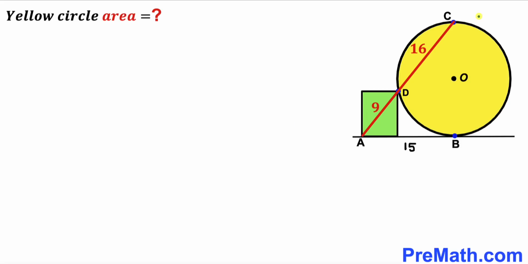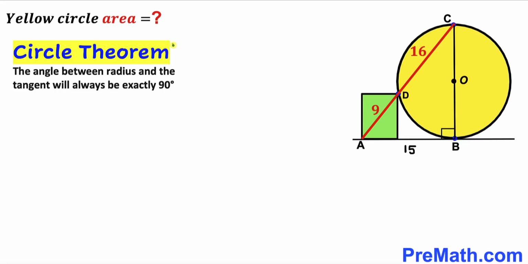We are going to connect points B, the center O, and point C. As stated before, these points are collinear, all lying on the very same line. Now let's recall the circle theorem. According to this theorem, the angle between the radius and the tangent line will always be 90 degrees.